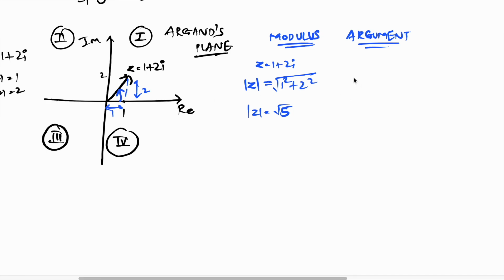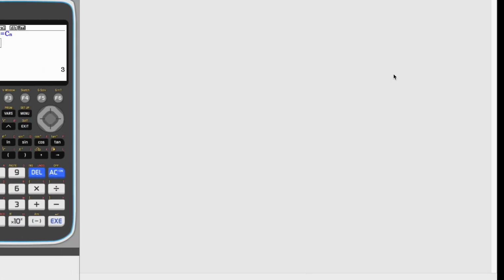The argument in this case can simply be found by using basic trigonometry. So the argument of z is equal to tan inverse 2 upon 1, which you can find in the GDC here.